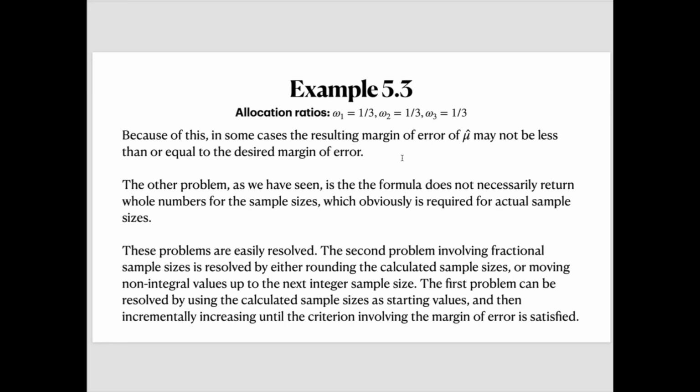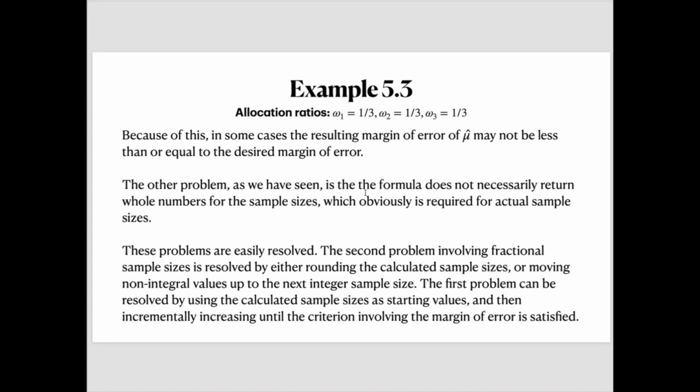The second problem, involving fractional sample sizes, is resolved by either rounding the calculated sample sizes to the nearest integer or moving non-integral values up to the next integer sample size, like we did in the context of simple random sampling. The first problem can be resolved by using the calculated sample sizes as starting values and then incrementally adjusting, increasing them until the criterion involving the margin of error is satisfied.